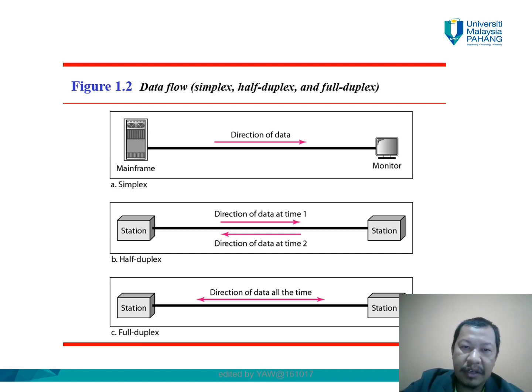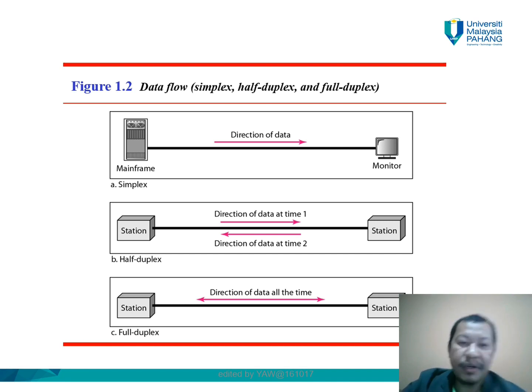In the third data flow, called full duplex, the direction of data can be any way, either from station A to station B or station B to station A at any time. So that is the difference between simplex, half duplex, and full duplex.